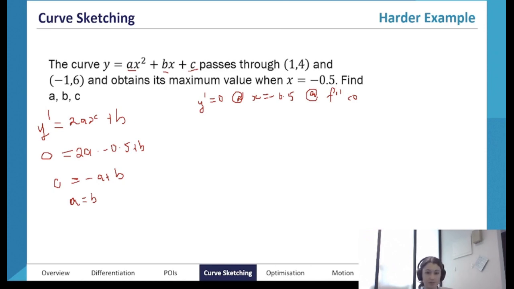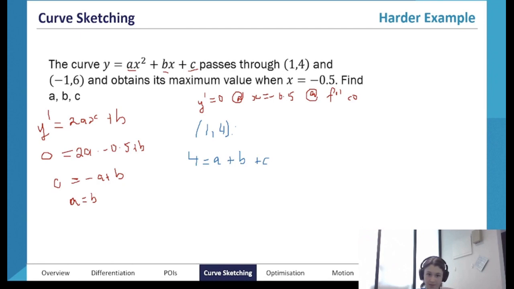We can sub in these x and y values to come up with two different equations in terms of a, b, and c. So subbing in (1, 4), we get 4 equals a times 1 squared plus b times 1 plus c.